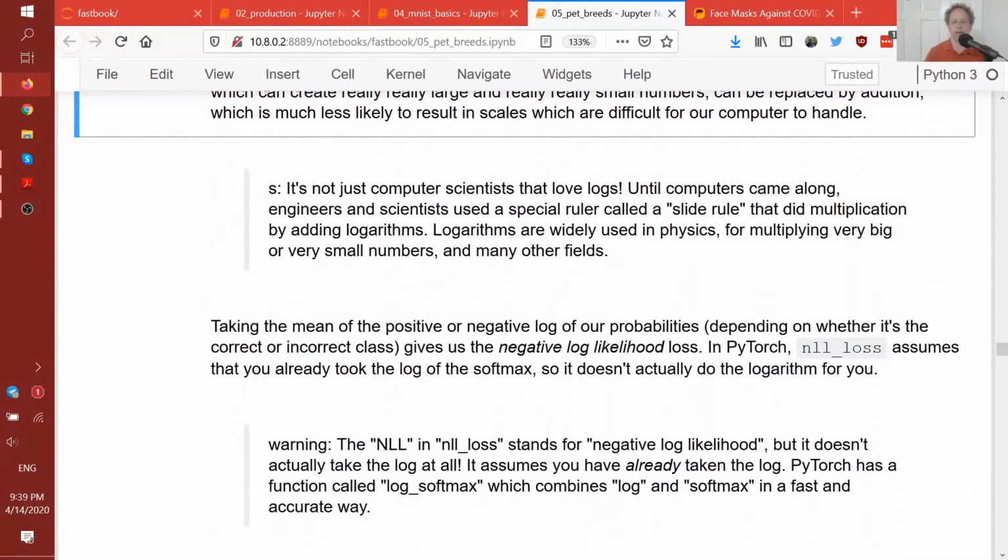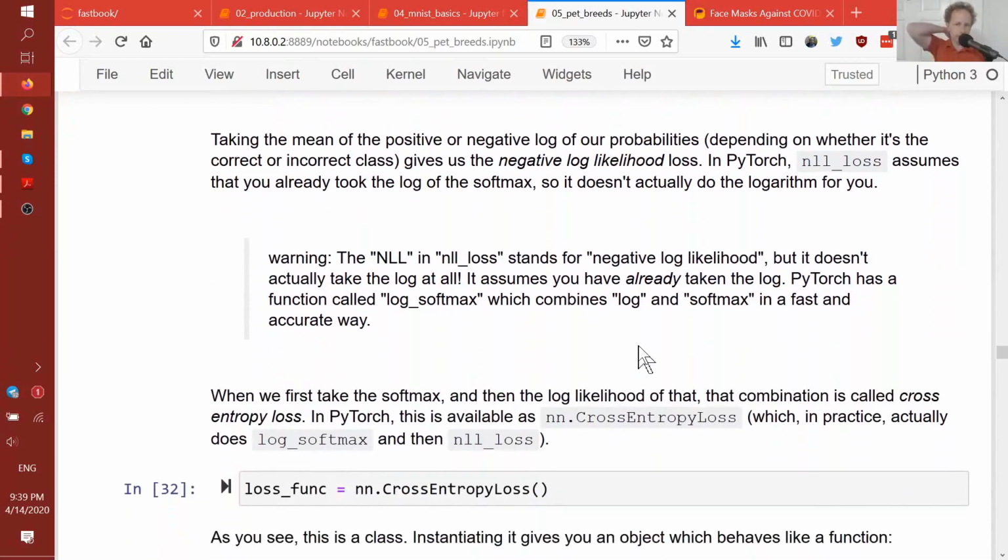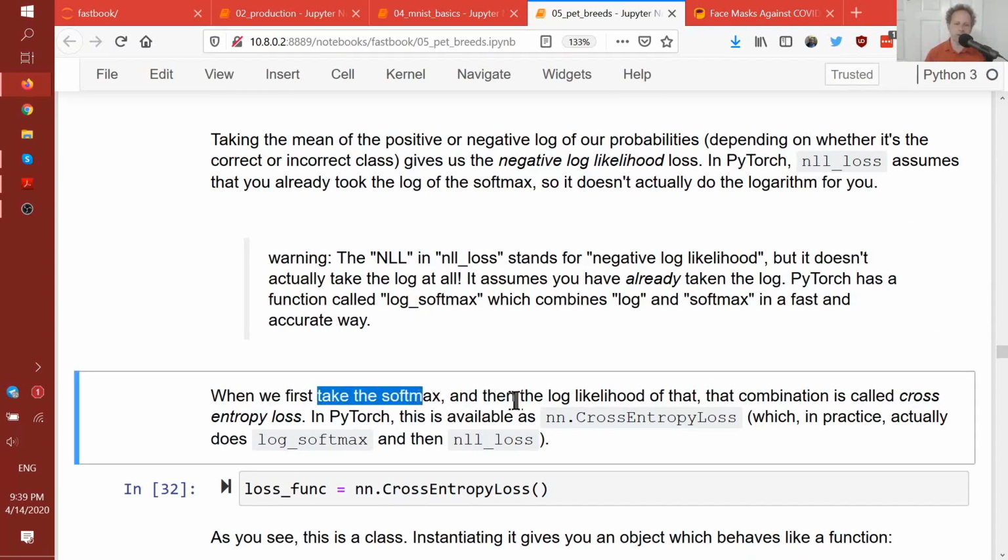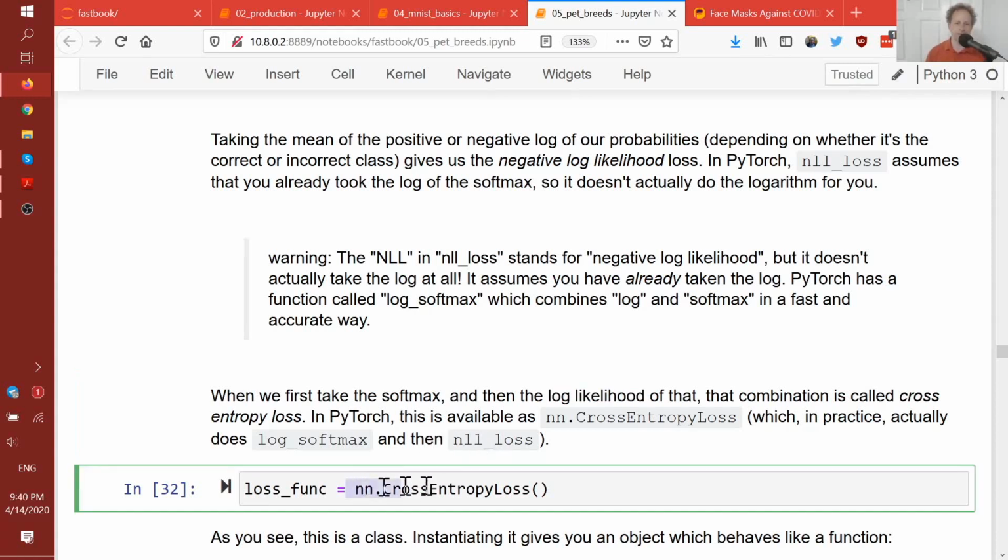And so this ends up being a really nicely behaved number because of this property of the log that we described. So if you take the softmax and then take the log and then pass that to NLL loss, because remember that didn't actually take the log at all despite the name, that gives you cross entropy loss.